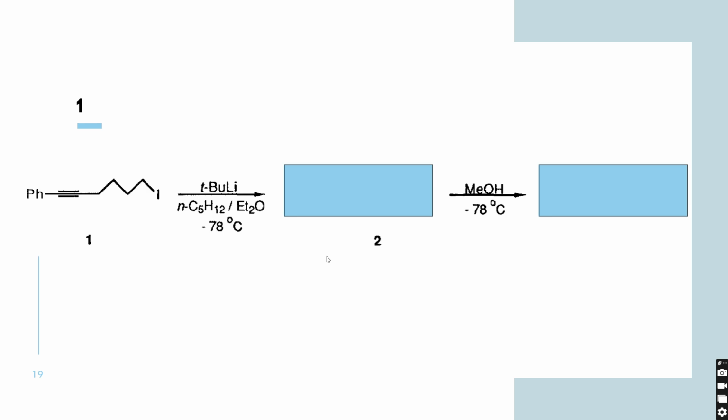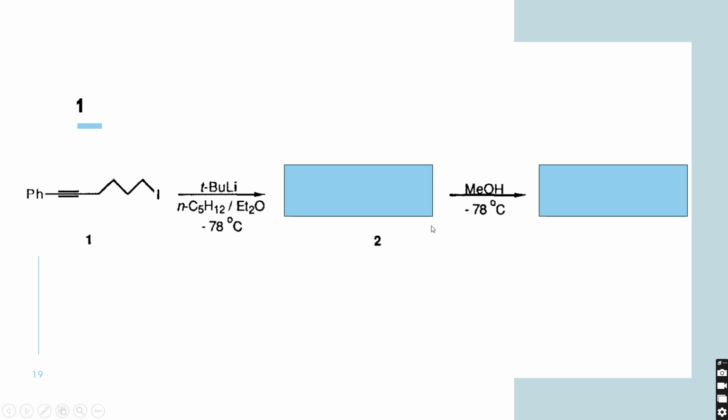Then let us come to the topic of lithium reagents, particularly butyl lithium reactions. Let us see how this alkyl iodide is going to react with tertiary butyl lithium, and the product will undergo protonation in the presence of methanol at minus 78 degrees Celsius.